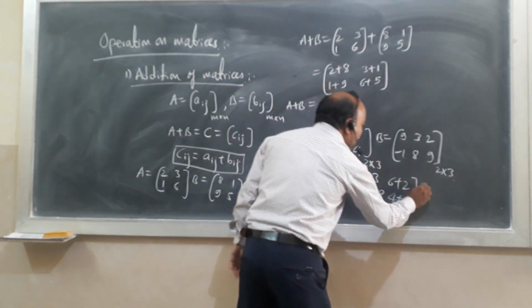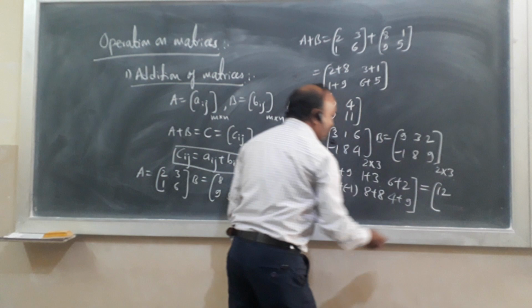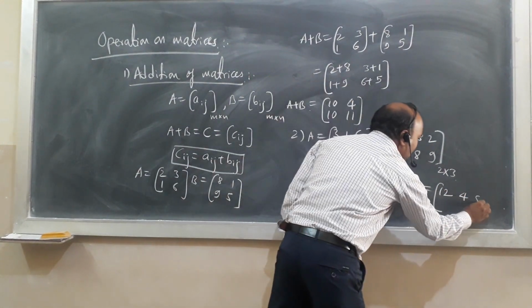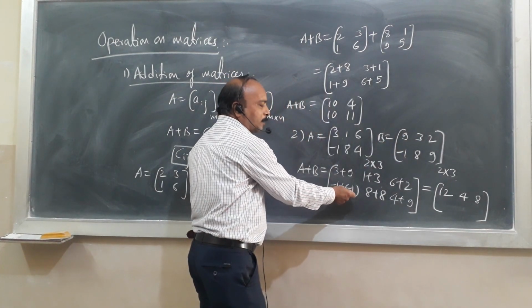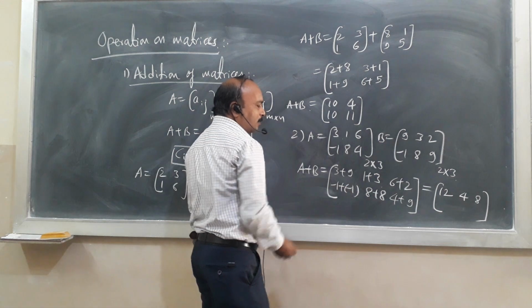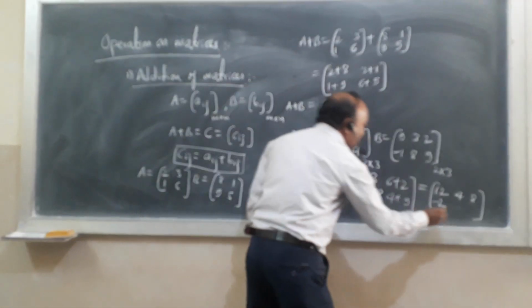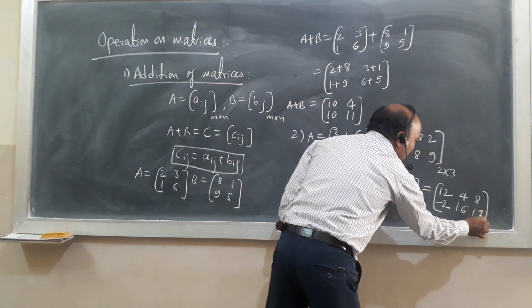Now we get the sum as 3 plus 9 is 12, 1 plus 3 is 4, 6 plus 2 is 8, minus 1 plus minus 1 is minus 2, 8 plus 8 is 16, 4 plus 9 is 13.